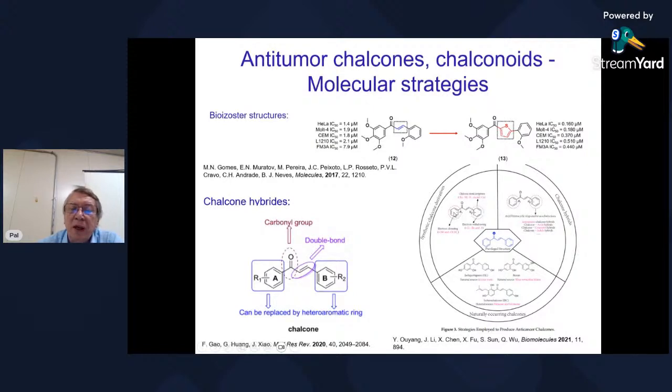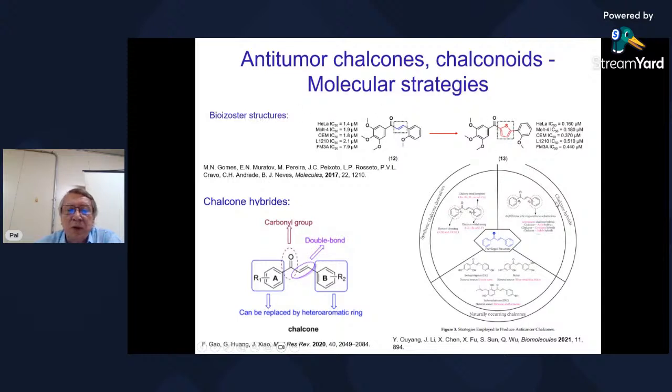Modifications of the chalcone structure typically represent modification of the substitution patterns and, as mentioned before, synthesis of cyclic rigid analogs of the compounds, or modification of the enone moiety to introduce so-called bioisoster structures.